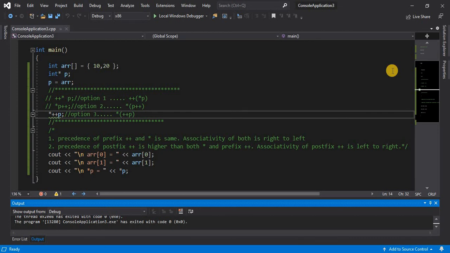And the next rule, that is the precedence of postfix plus plus, is higher than both star and prefix plus plus. The associativity of postfix plus plus is left to right. So this is for the combination of prefix plus plus and postfix plus plus with star.